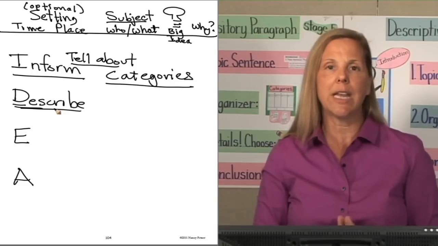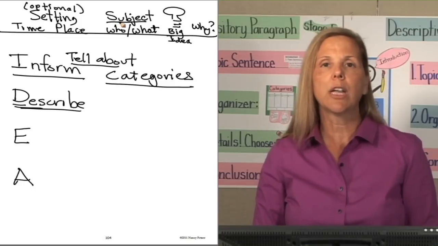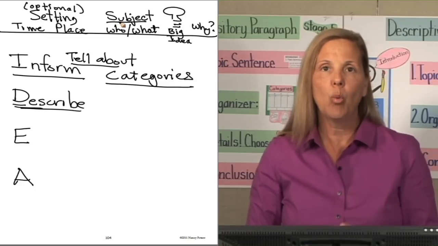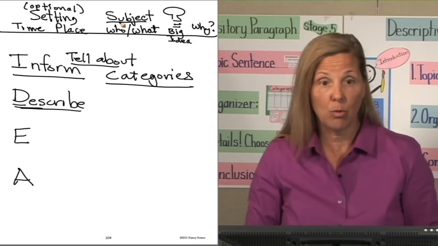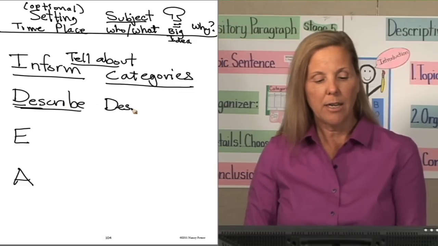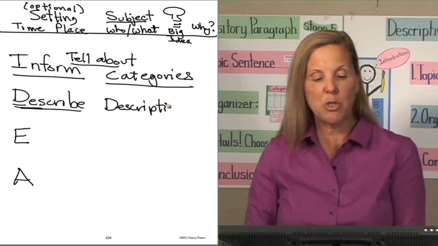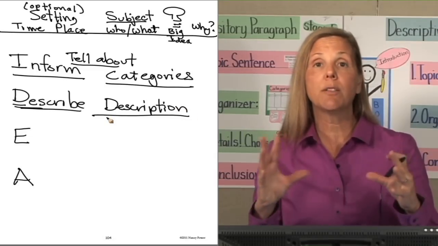So let me give you an example. Let's go back up to our big idea. Who or what are we talking about? A plant. But now what I'm going to do is I'm going to describe the plant to you. If my purpose is to describe, then I'm going to do just that. I am going to give a description of a plant, meaning I will describe all the parts of the plant.